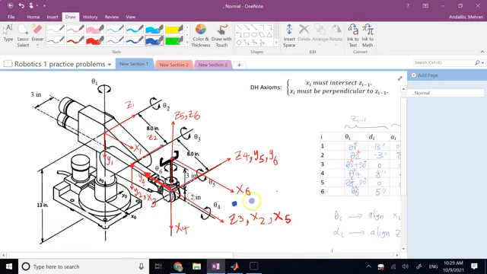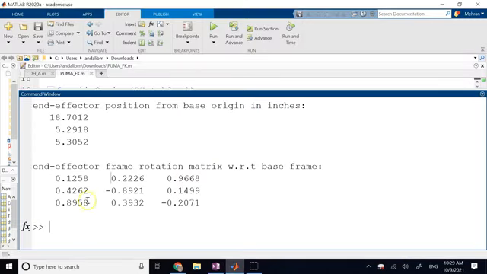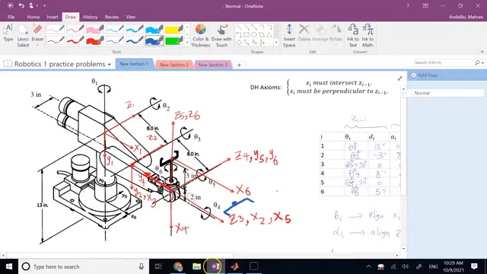So it is going to look something like this, because z6 is going to be kind of similar to x0. X6, which is normal to it, is going to be mostly aligned with z0, as we said. And then y6 is going to be opposite to y of the base.